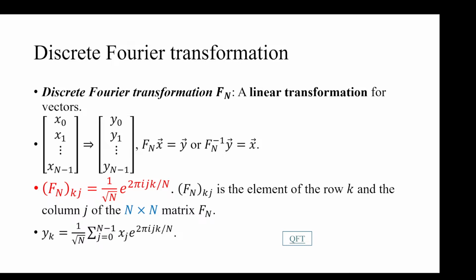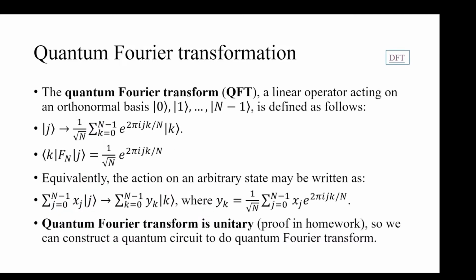And we also say if we have a vector x to get transformed to a vector y, then each coefficient yk will be 1 over square root n, summation over j of xj e to the 2 pi jk over n. This is just you do matrix multiplication, and then you generalize that exactly to this equation.